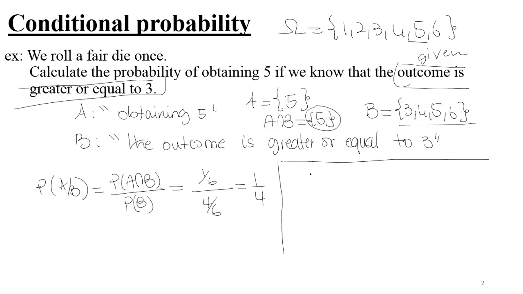Now, if we were to look at this exercise from the perspective of the reduced sample space, since B is my condition, it means that B is my reduced sample space. So this is referred to as the reduced sample space.